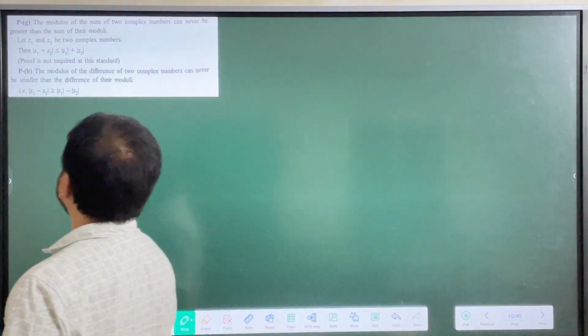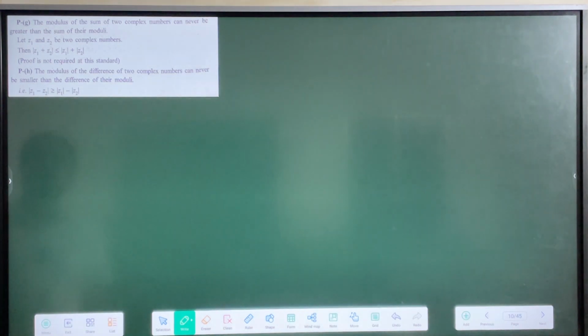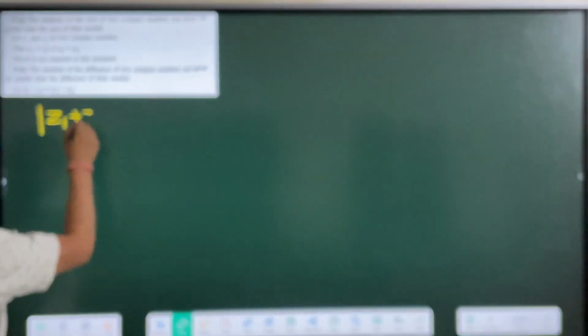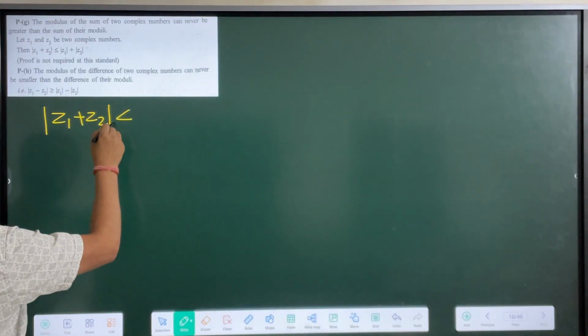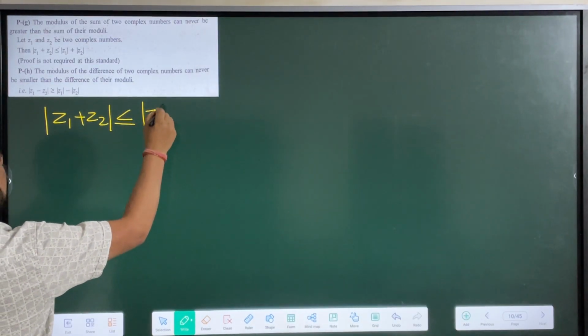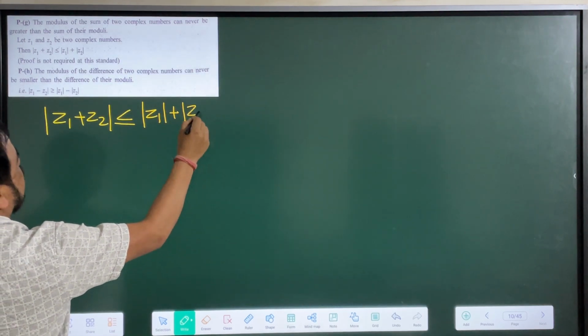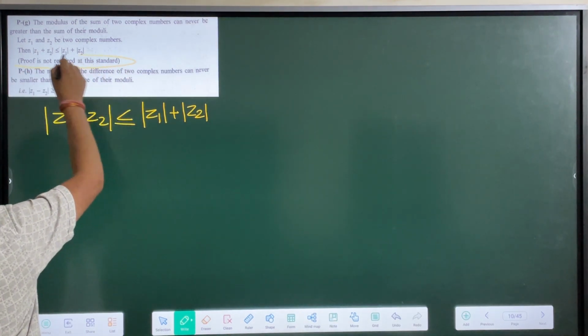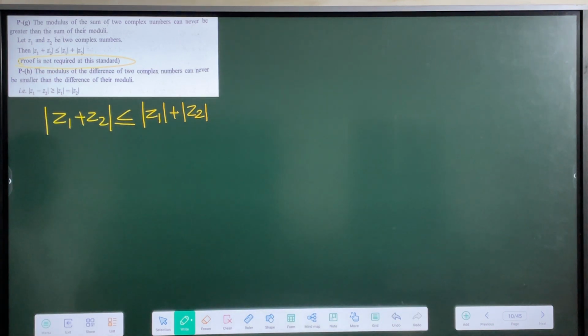Next property. Let us write directly: mod of Z1 plus Z2 is less than or equal to mod of Z1 plus mod of Z2. Less than or equal to. Proof is not required, but you have to understand actually what is written here.